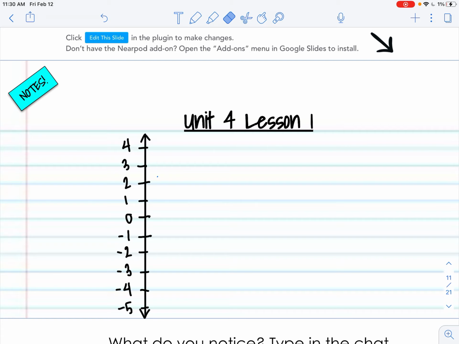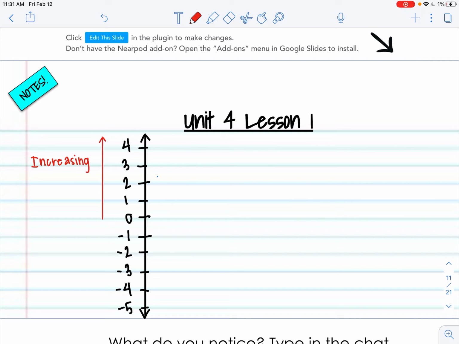So we just talked about positive and negative numbers, and we're introduced to a number line that looked something like this. Notice that on our number line, as we increase or go up, our numbers get larger. So moving upwards is increasing. Above 0 is also where we see our positive numbers.